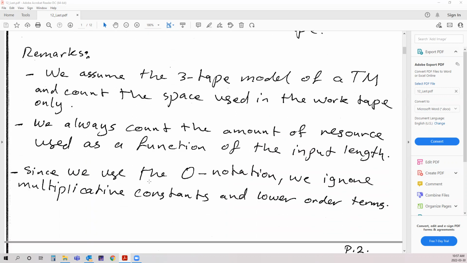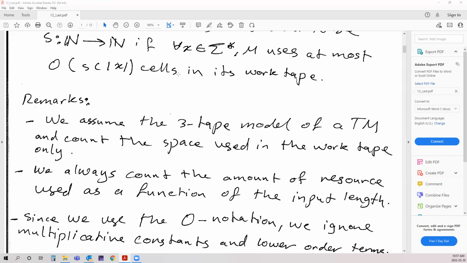Remarks. We assume the 3-tape model of a Turing machine and count the space used on the work tape only, the tape that we are working on. We always count the amount of resource used as a function of the input length.